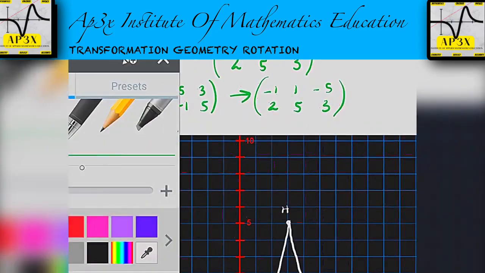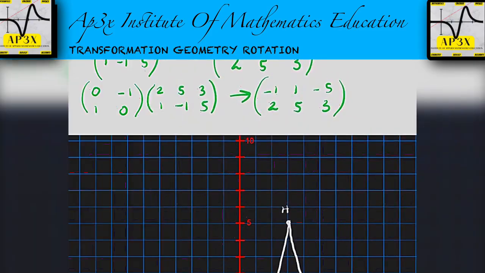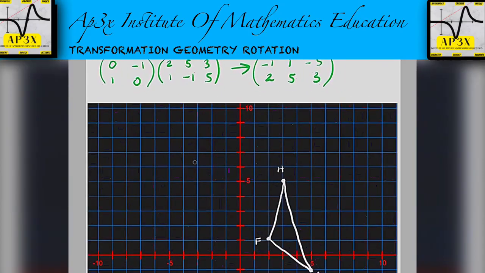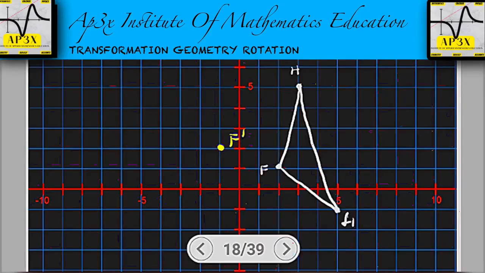So then we can plot these points, and you're going to see that the object lands somewhere over here. Minus 1, 2, so that's minus 1 to my left and 2 up. That's going to be my F prime. 1, 5, so that's 1 to my right and 5 up, all the way up here.